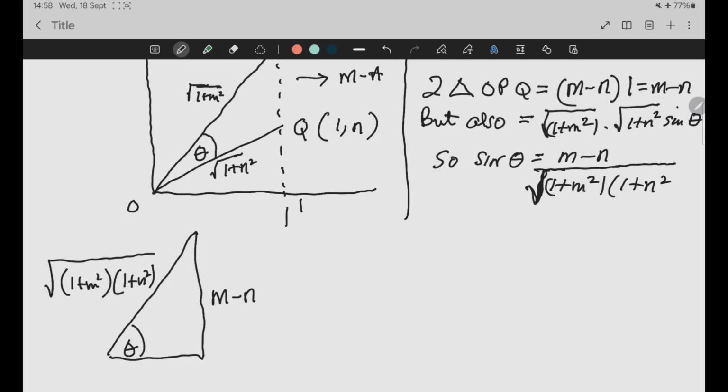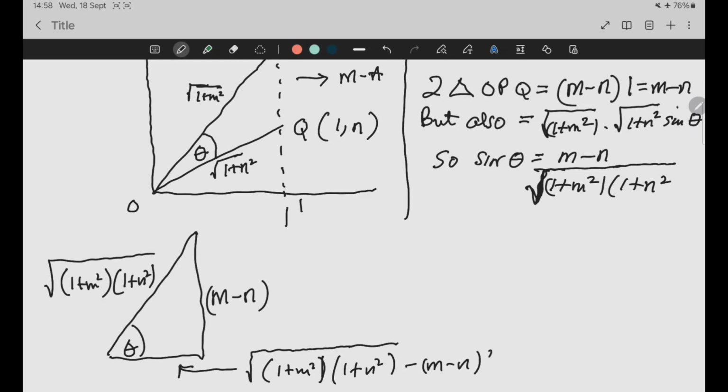That's by the definition of sine theta. So we need to work out this side here. Again, just using Pythagoras' theorem, that would be the square root of 1 plus m squared times 1 plus n squared minus m minus n all squared. That actually quite easily works out to 1 plus mn.